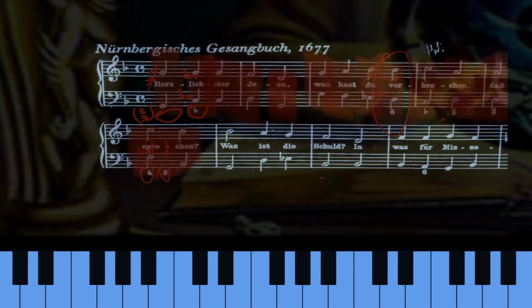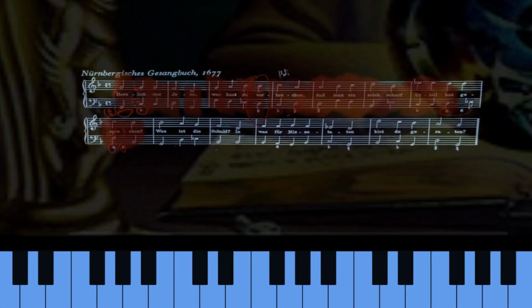You need to pay attention to this difference of meaning sometimes in the figured bass. Sometimes the numbers mean just a dissonance and its resolution.